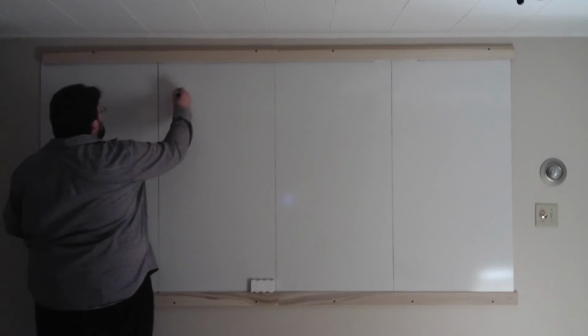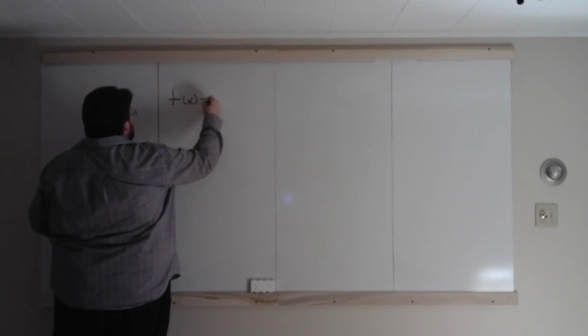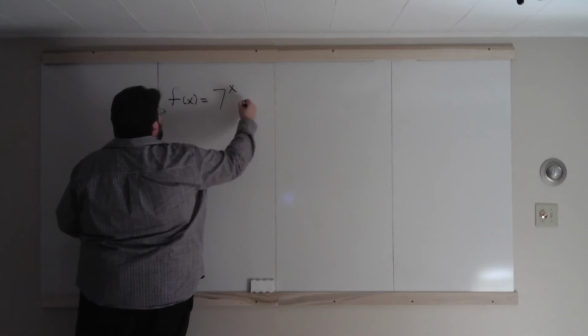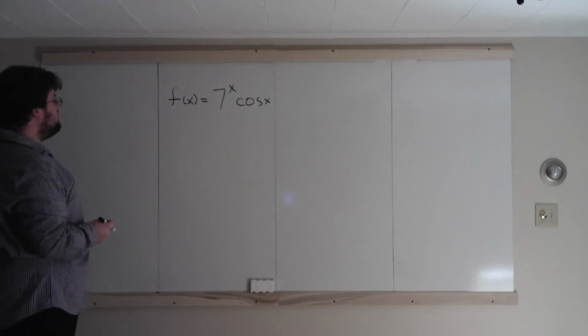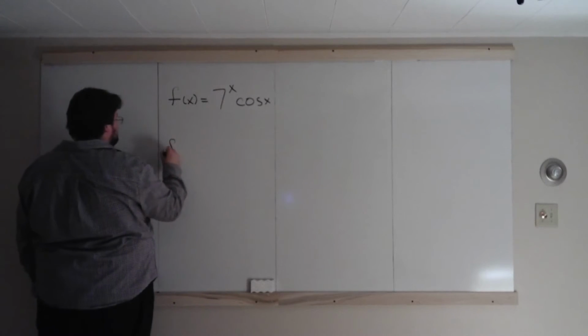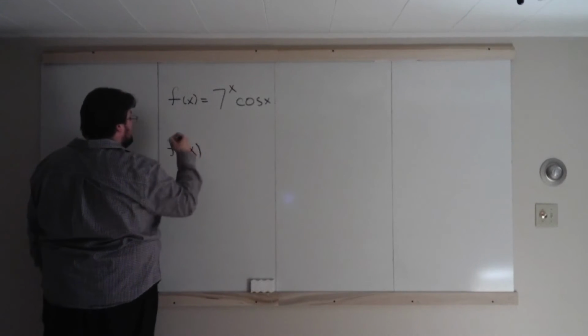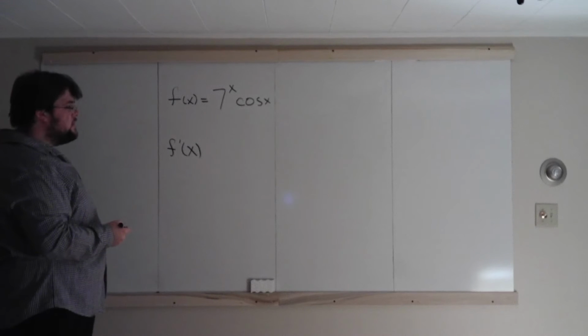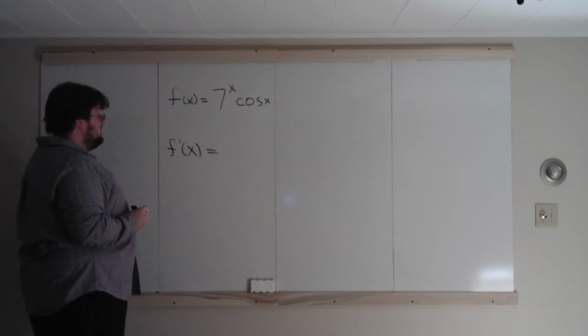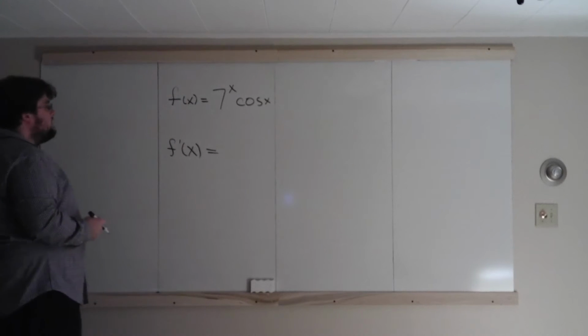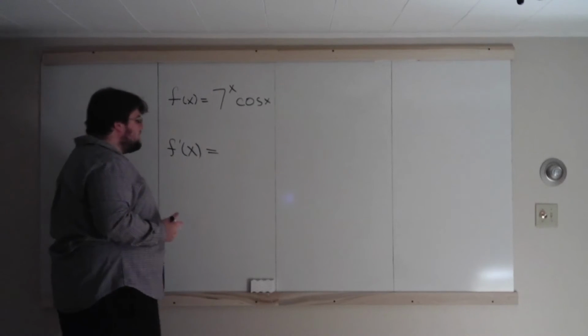Let's do this one. Derivative of 7 to the x cosine x. Well, again, we have two things multiplied together, so we're going to need the product rule. Derivative of 7 to the x. How do we do the derivative of 7 to the x?